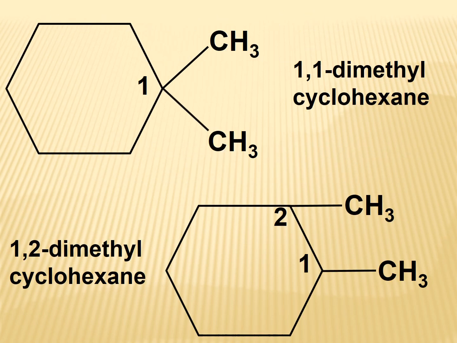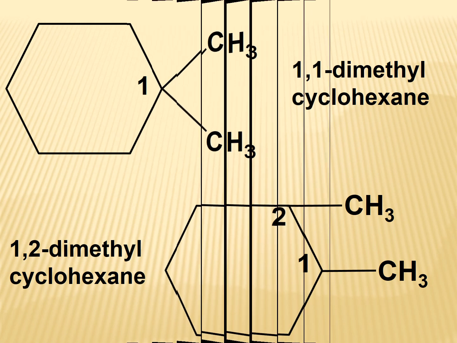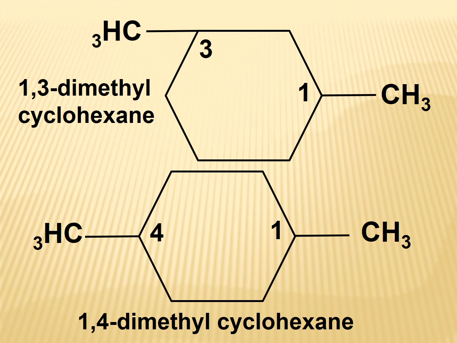This is 1,1 dimethyl cyclohexane, where both the hydrogens of carbon 1 are substituted by methyl groups. Then you have 1,2 dimethyl cyclohexane, where the 1 and 2 positions are replaced by methyl groups, 1,3 dimethyl cyclohexane, and 1,4 dimethyl cyclohexane. So 4 cases we have to consider. Let us see them one by one.